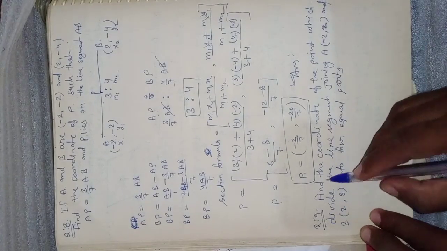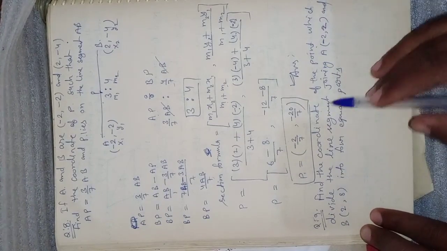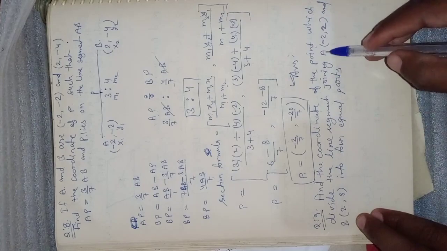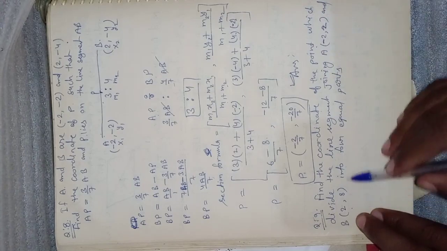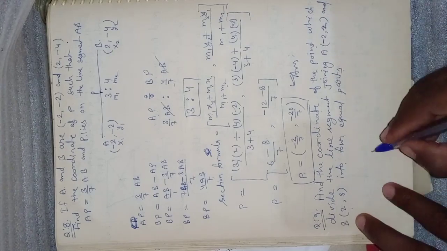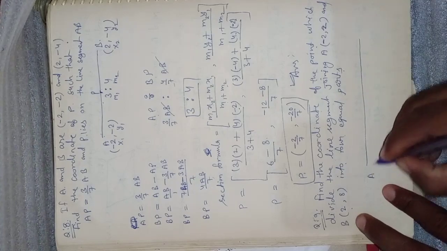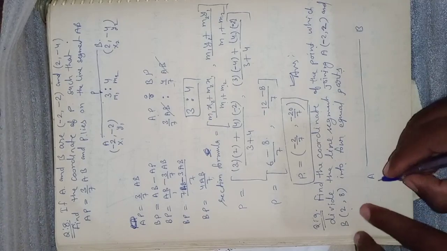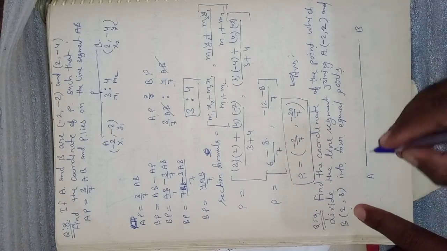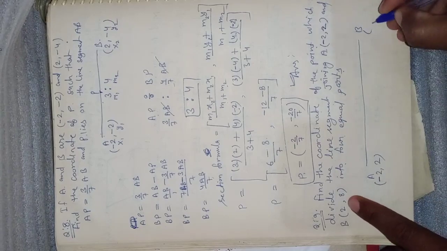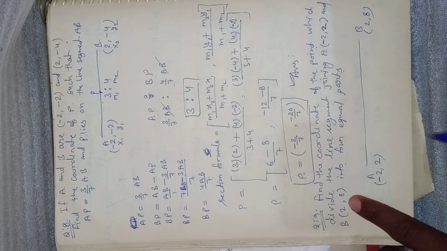Question number 9. Find the coordinates of the points which divide the line segment joining A and B into 4 equal parts. We are given a line segment, name it as AB, A and B. A coordinate is (minus 2, 2), B coordinate is (2, 8).